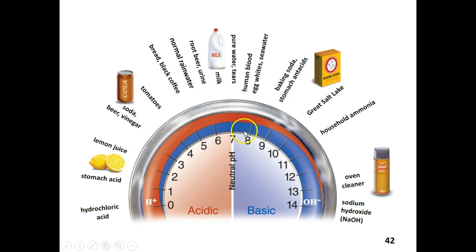Blood, slightly alkaline. Then we go over here, baking soda and antacids like Tums. They are alkaline. We use baking soda and Tums to counteract stomach acid when we have acid reflux. Salt lake, ammonia, oven cleaner, which also has ammonia a lot of times in it, and sodium hydroxide way over here at the most alkaline or basic.